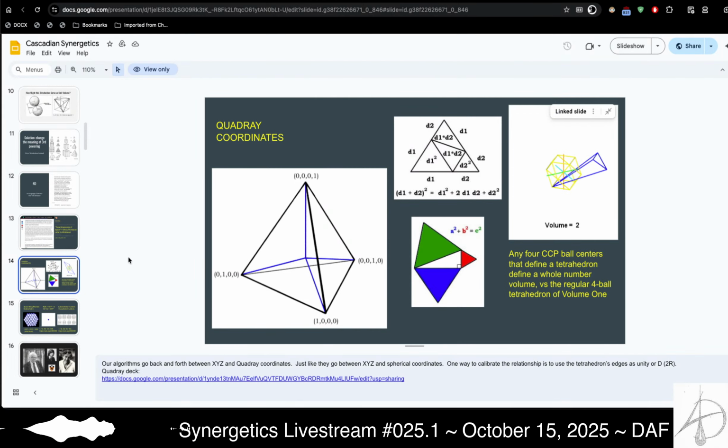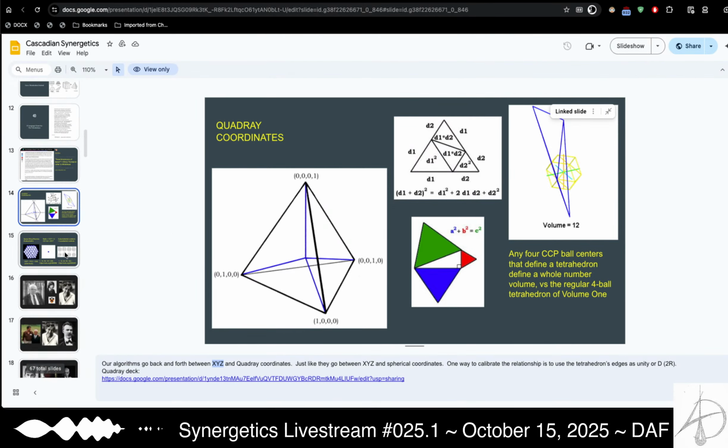Regardless, we interact with it through our proposed coordination system. So what does an alternative coordination system look like to complement the XYZ orthonormal, perpendicularity-predicated coordinate system that we're mostly inundated by? That is where quadray coordinates come into play.